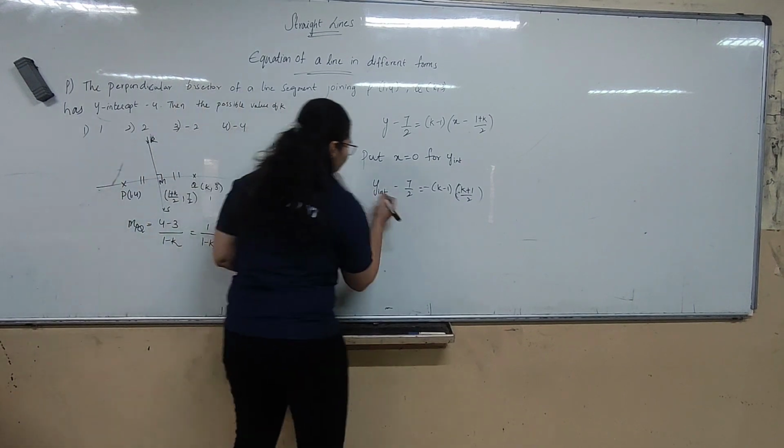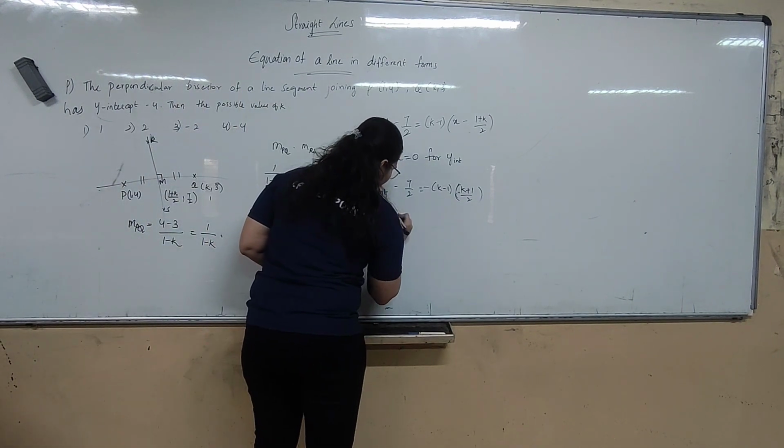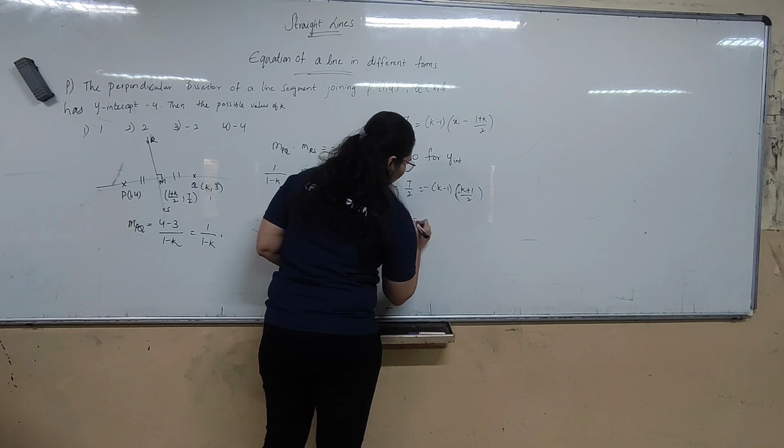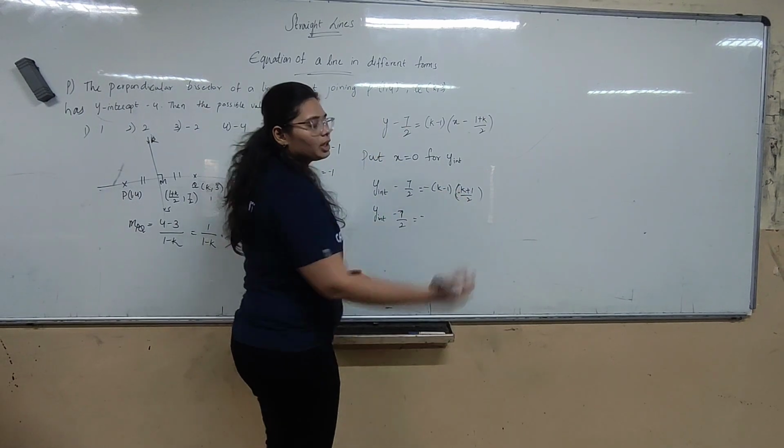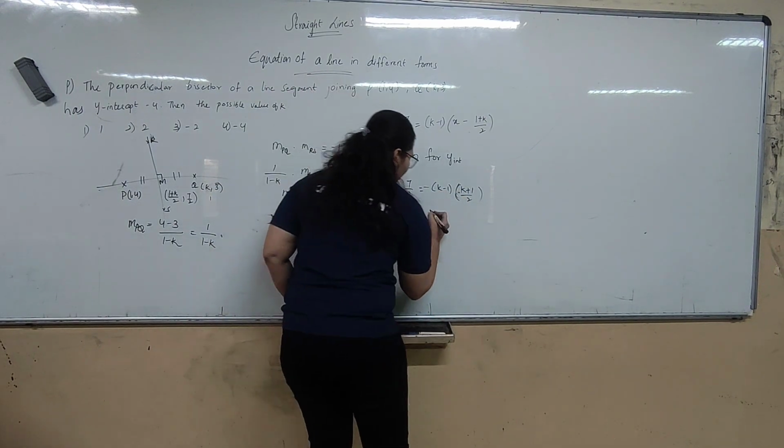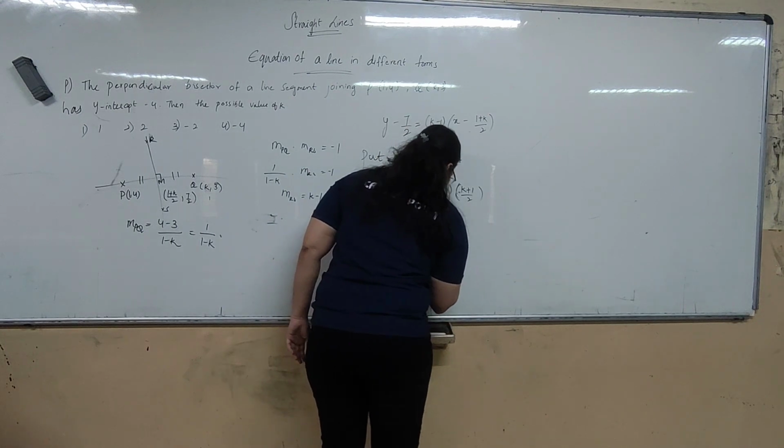That is minus of (k plus 1)(k minus 1), that is k square minus 1, by 2. So y-intercept equals 7 by 2 minus (k square minus 1) by 2.